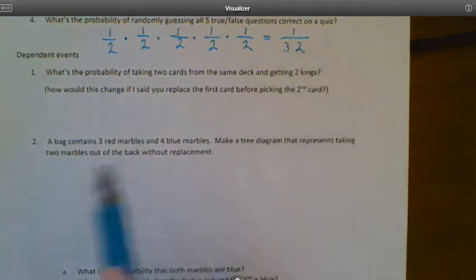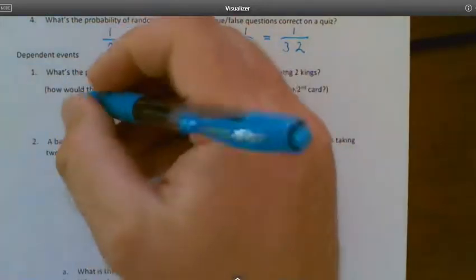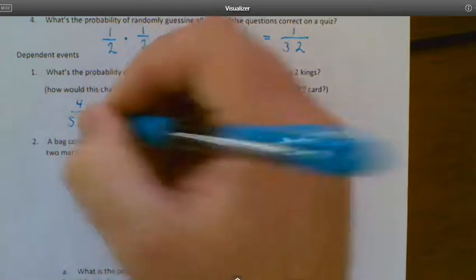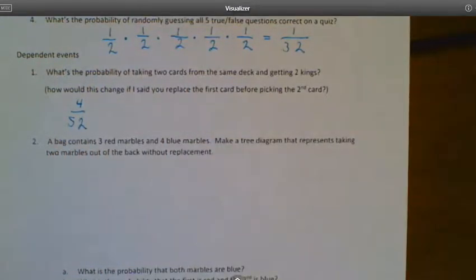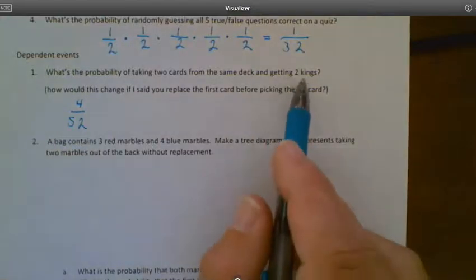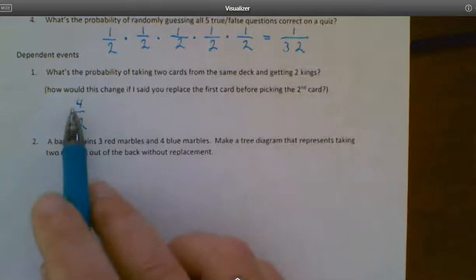So there is a 4 out of 52 probability of me getting a king.